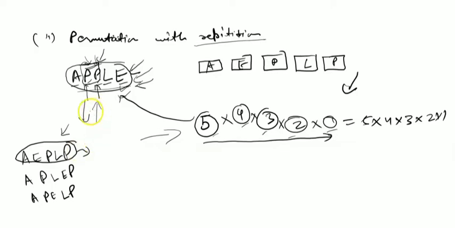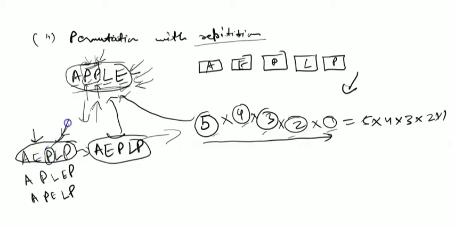So in all the permutations that are possible of these five alphabets, for every single listing that you can get, there would actually be two copies of the same thing. So there would be two AEPLP in the total number of permutations for these five alphabets. Why is it that there will be two copies of the same thing? Because in the first one we fill in the third slot with this P, and in the second copy we fill in the third slot with this P.